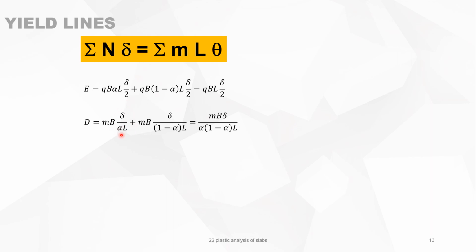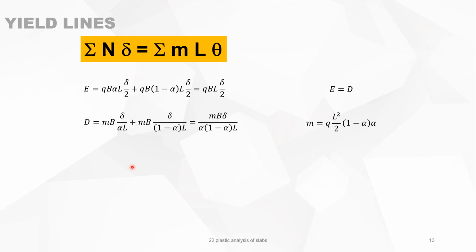And then when we look at the right-hand side, you have the yield line projected on the right-hand side rotation axis. It's M times b times the angle theta, which is delta divided by (1 minus alpha) L. E equals D, so you can get M out of it, and M is qL squared over 2, times (1 minus alpha) times alpha.